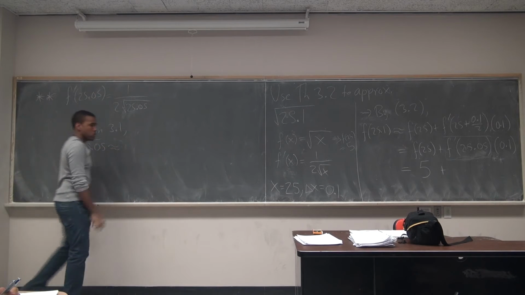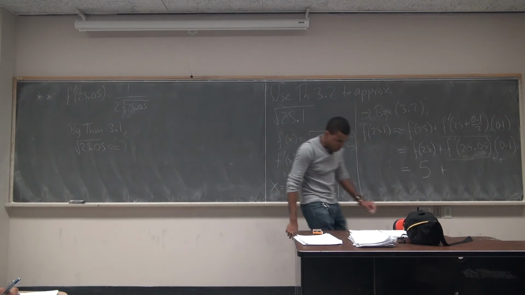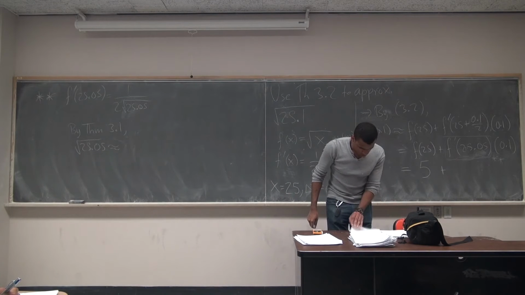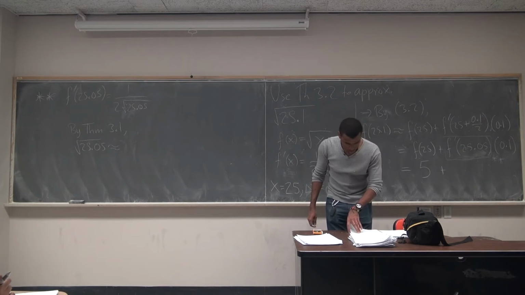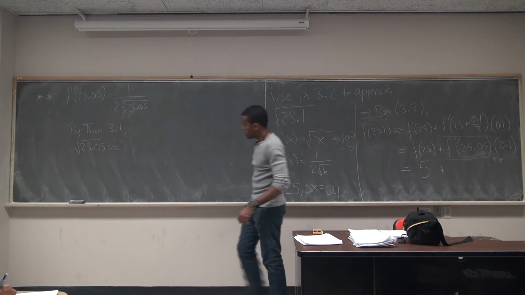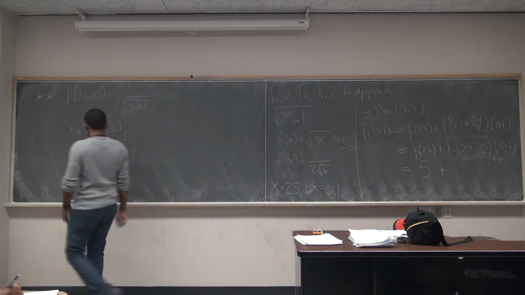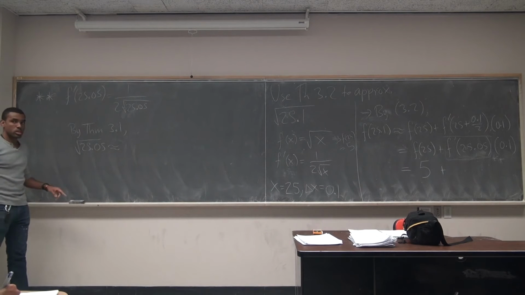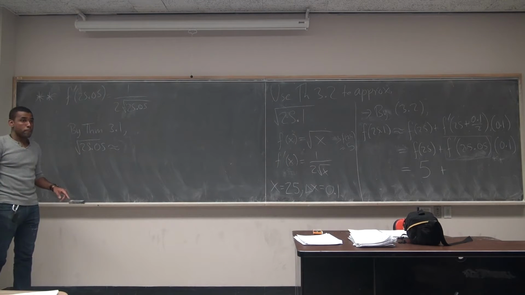Which I believe we actually did before. Yeah, we did approximate that before using theorem 3.1. So last time I did theorem 3.1, example B, what did we get? We did this problem before.